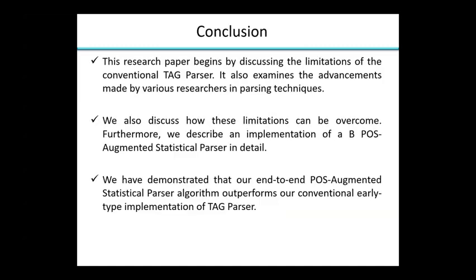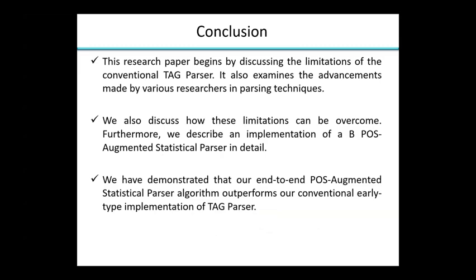The basic conclusion of this research is that this paper discusses the limitations of the conventional, traditional TAG parser. It examines the advances made by different researchers in the NLP field across the globe.